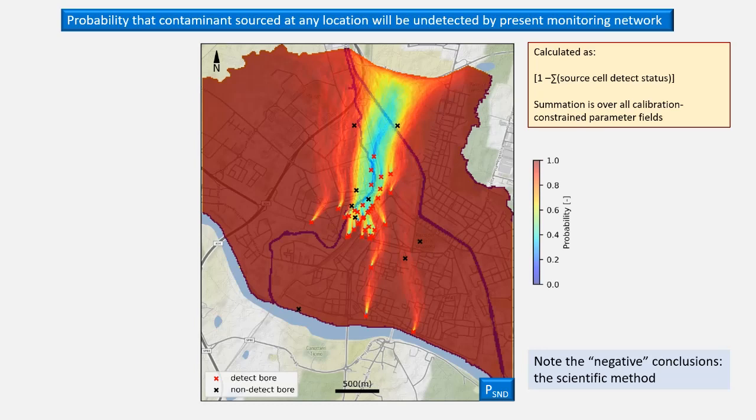This is a map of the probability that if a contaminant source exists in any particular cell, then it will not be detected by the existing monitoring network. The probability that a contaminant at any place will escape detection. Blue is better because blue says it won't escape detection, and that happens right up against, just upstream from detect wells.